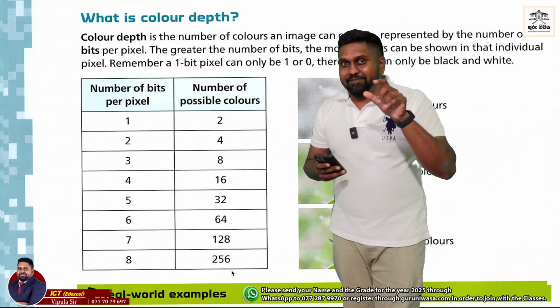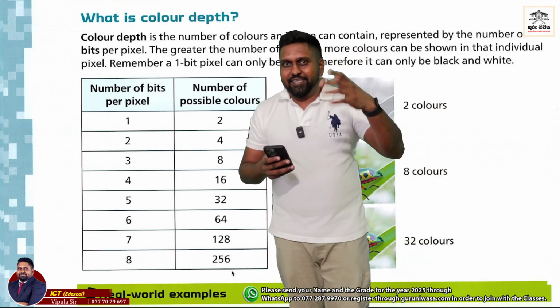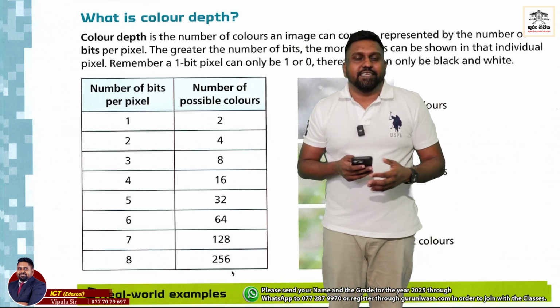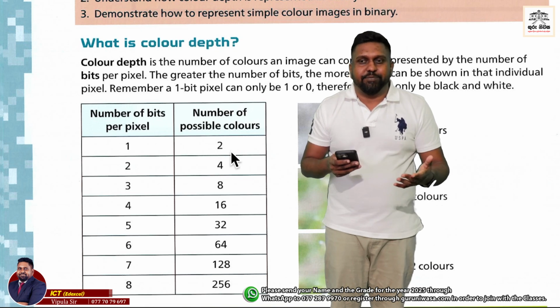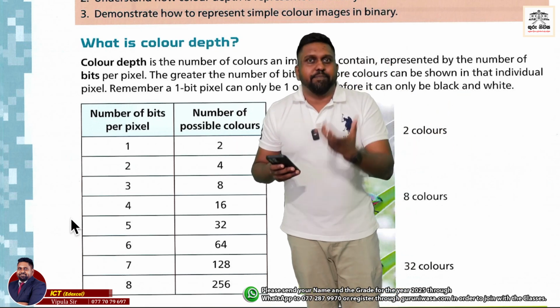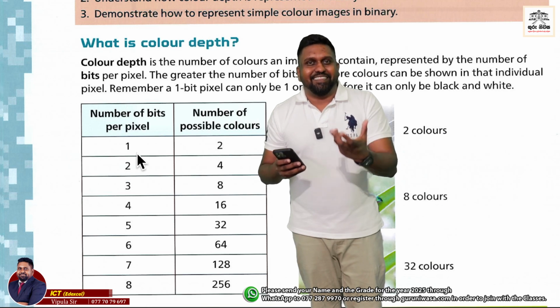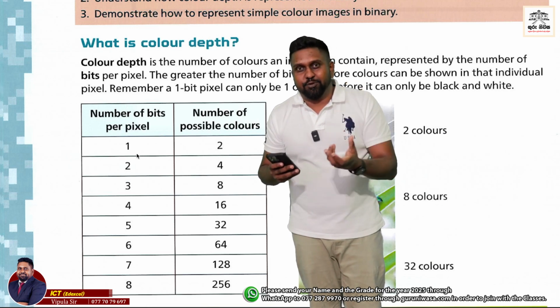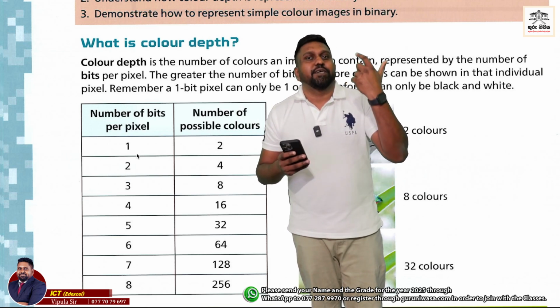But remember, the color density, we call it the color depth. When the color depth goes up, automatically the bits per pixel and the storage required go up at the same time.